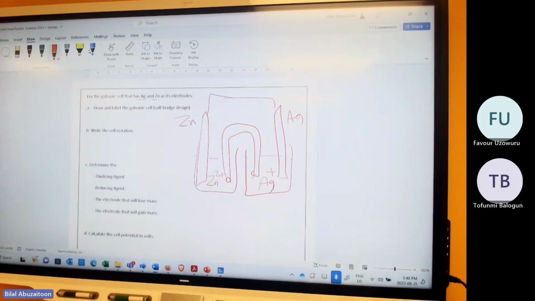NO3, Cl minus, sorry, Br minus, whatever. Any negative ion, just to balance, regardless of the salt. I care about the ions, the metals. So Zn2 plus, Ag plus. In the salt bridge, we have either K plus Cl minus, for example, or K plus NO3 minus, Na plus NO3 minus, Na plus Cl minus.